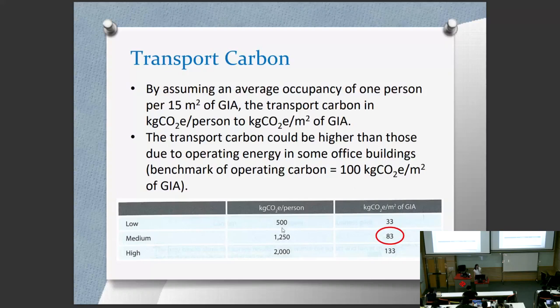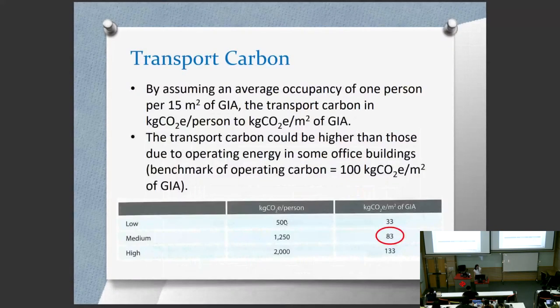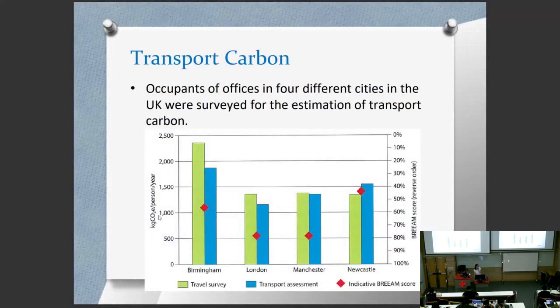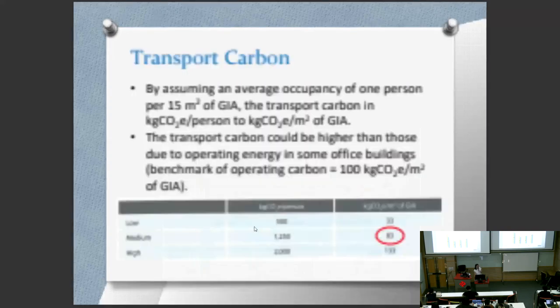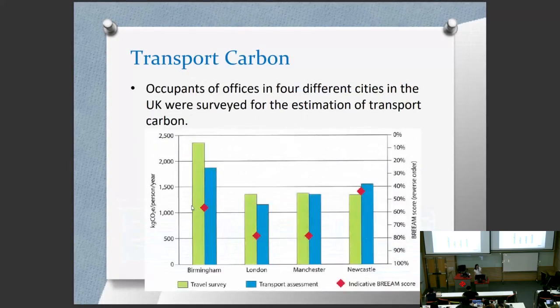So let's say we refer to the values here. For low transport carbon, it would be maybe around 500. And then for average or medium, maybe 1,250.